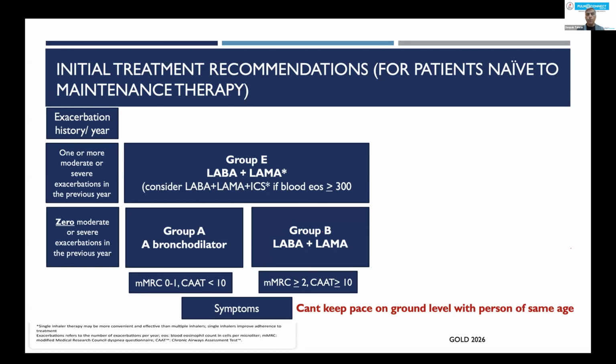And dyspnea being the most important symptom for which the patient would report to us, we classify this into either MMRC or CAT scores. When we use MMRC, which is very quick to use in our clinic, postgraduates need to remember that you have to ask one simple question to the patient: do you feel breathless when you walk at the pace of an individual of the same age as yours?